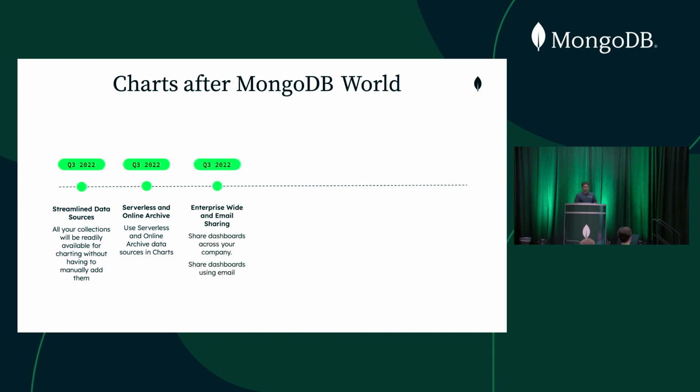We are going to release enterprise-wide sharing, where you can share all your dashboards inside your company if you use Atlas single sign-on or federated authentication. Then we will also allow you to share dashboards using email and Slack. And later on, we will be allowing you to schedule these shares as well through email and Slack.